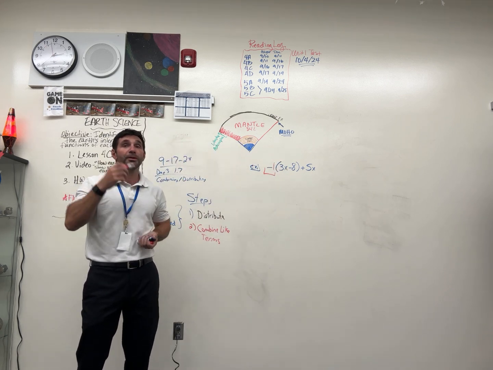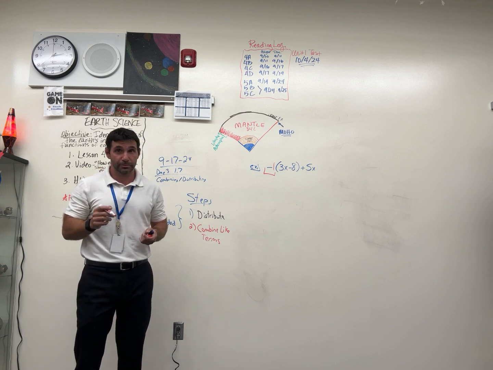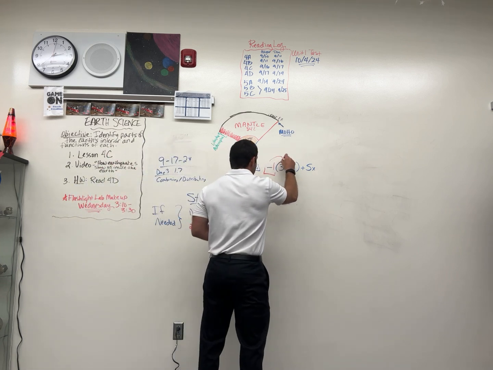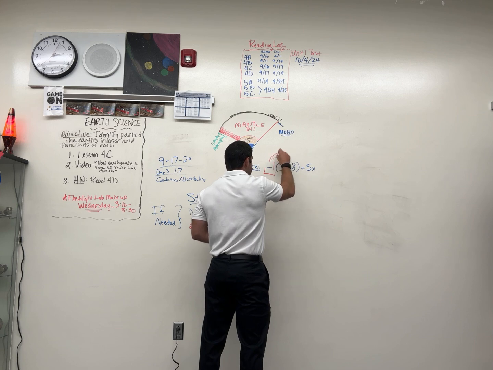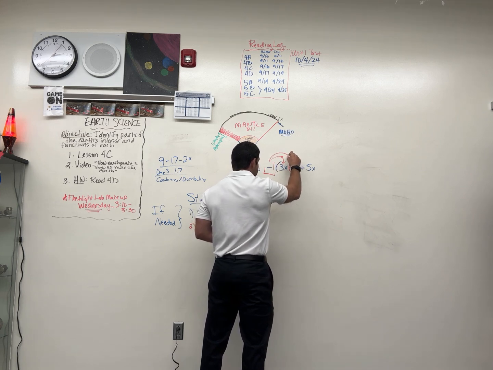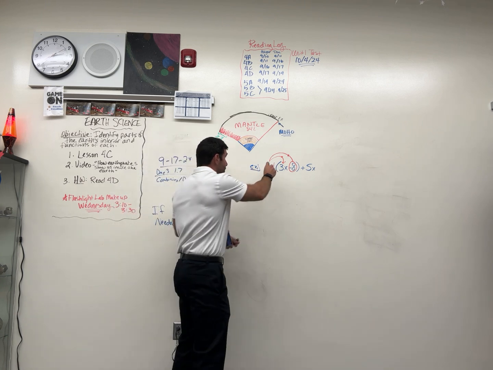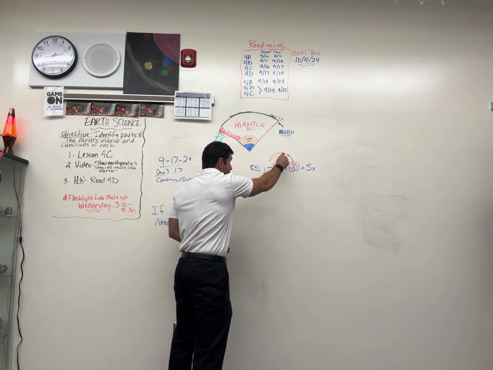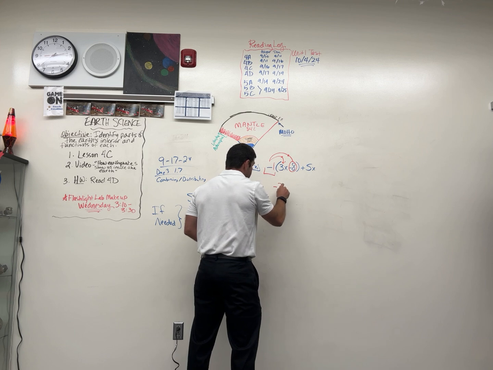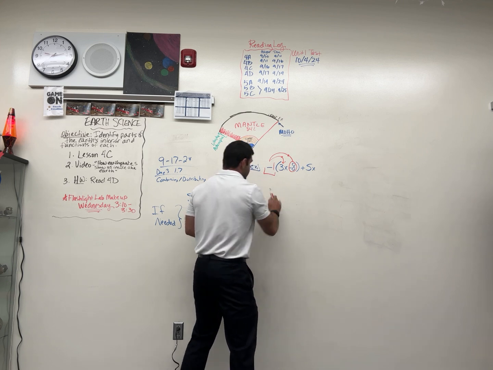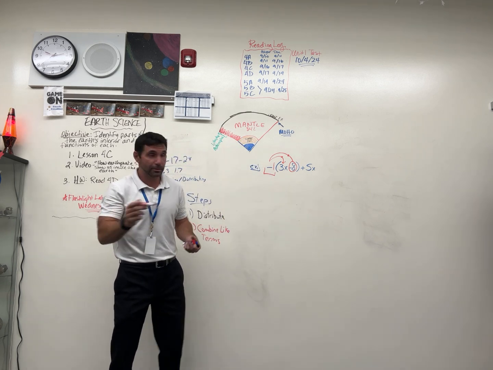So what am I distributing that negative 1 to? 3x and negative 8. Very good, Harlow. So now we're multiplying negative 1, this is why I put those dots there, times 3x. I've been telling my classes, you guys are working on paper, okay?